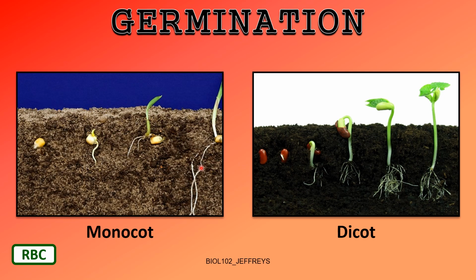You can see the root structure here. It's different between monocots and dicots. We'll talk about that later. And the little brown shell that you see sort of popping off there, that's the seed coat. That's a cotyledon.